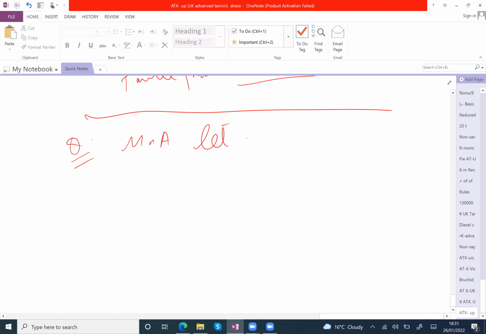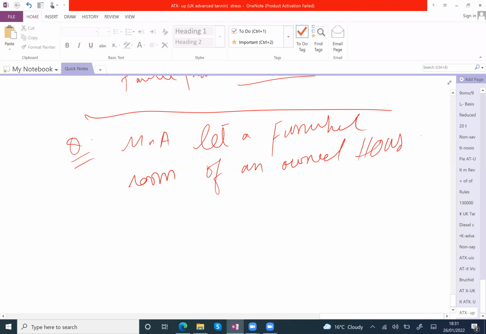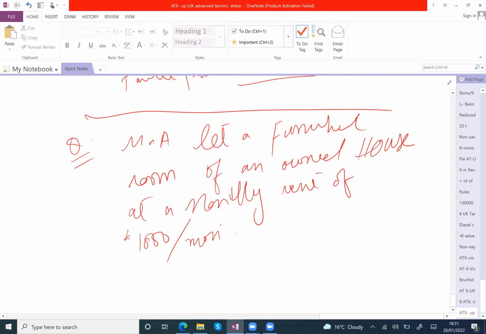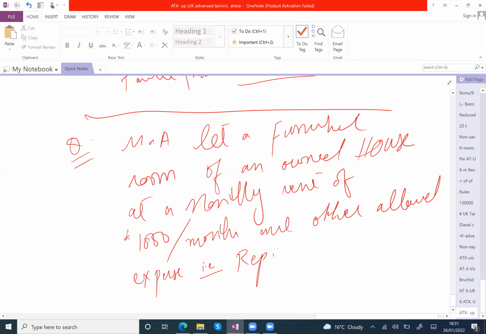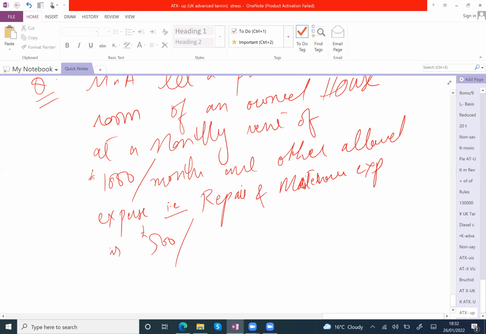Mr. A let a furnished room of an owned house at a monthly rent of £1,000 per month, and other allowed expenses, that is repair and maintenance expense, is £500 per annum.